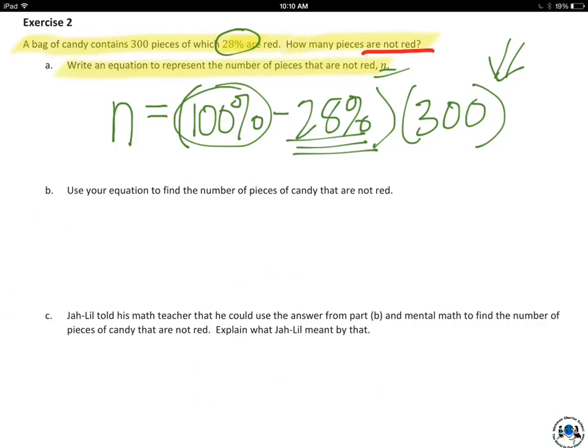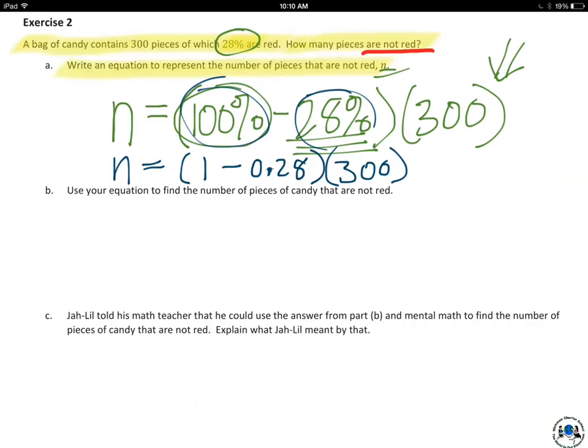Okay. Now, an even maybe even better way to do this is we could go ahead and create fractions or decimals as well to handle this. So, for example, we could say n equals 1 minus 0.28, okay, times 300, all right, because 1 of course is 100%, 0.28 or 28 hundredths is equivalent to 28%.